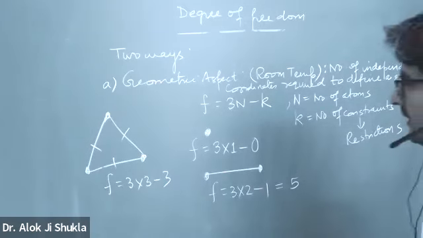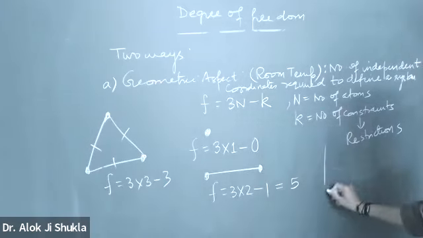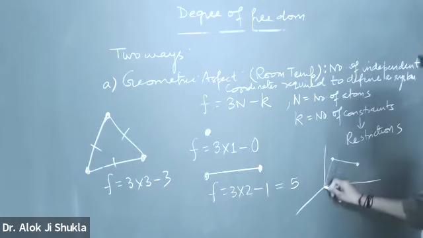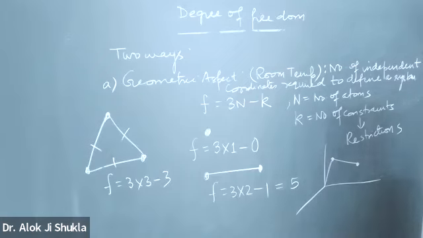Constraint equation means, like, if suppose this is the coordinate and you have a diatomic molecule, so 3 coordinates are required to give the address to the first atom. 3 coordinates are required to give the address to the second atom. So 3, 3, 6. But because one distance formula will relate them, that is called the constraint equation.